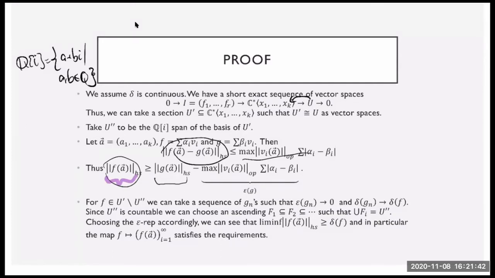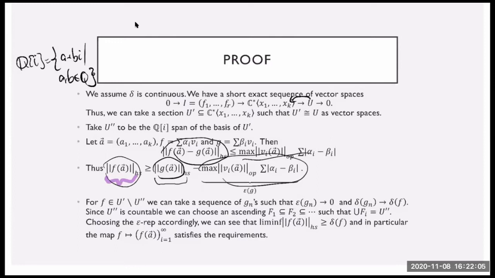And I call this number epsilon G because I think of F as something fixed and of G as something that I vary. Then the claim is that the norm of F is bounded by the norm of G minus some epsilon that depends only on this G. So these two things depend only on G.